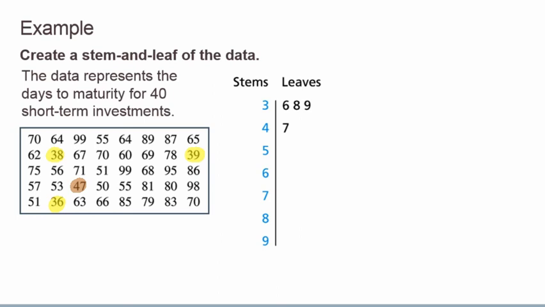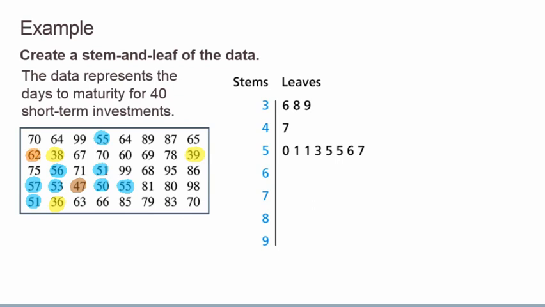Next, I'm moving to my 50s. I have 51, 57, 53, 56, 50, 51, 55, and 55. Putting those in numerical order, I have 0, 1, 1, 3, 5, 5, 6, 7. Next, I'm going to do the 60s.